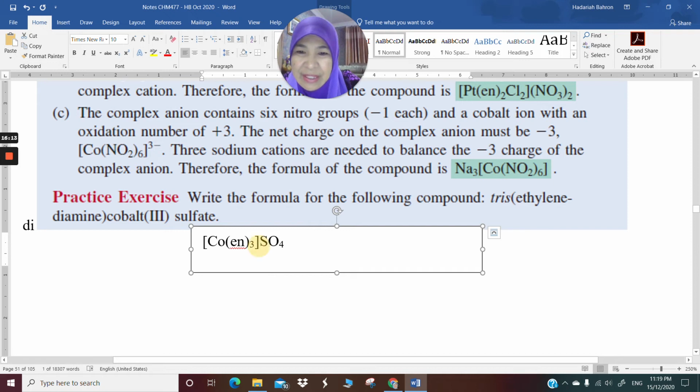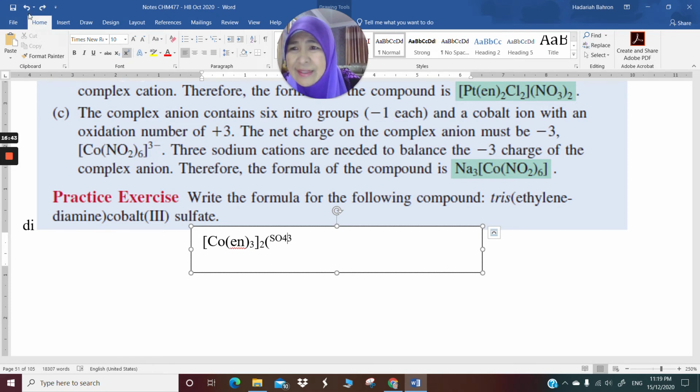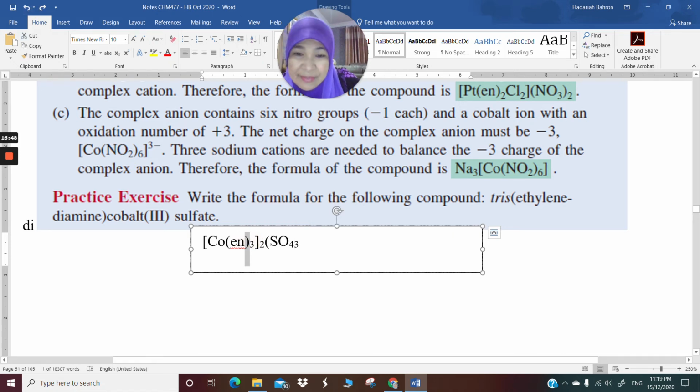So it must be then 2 of that, and this sulfate is then 3 times. Like that.